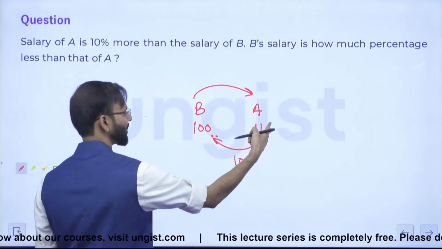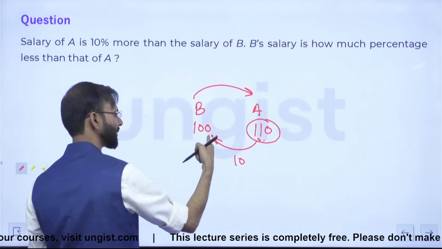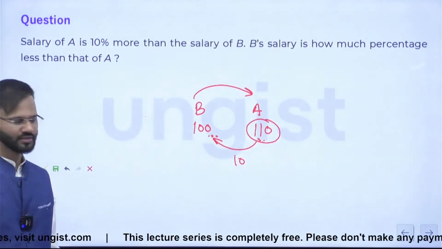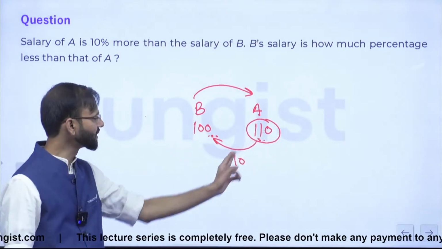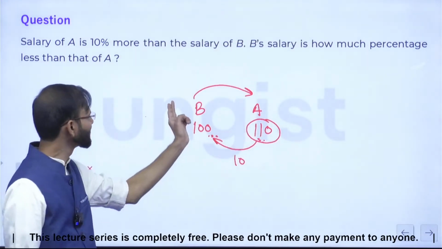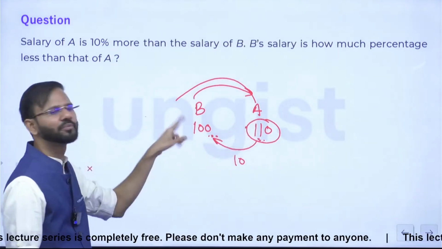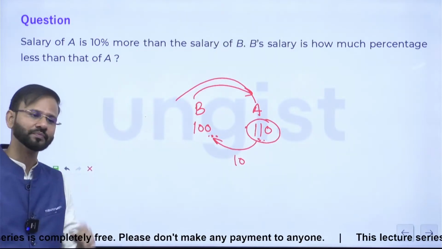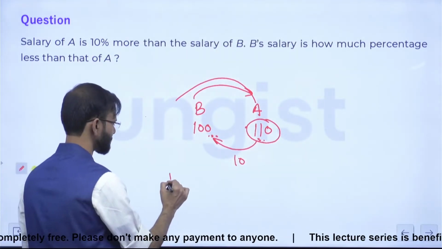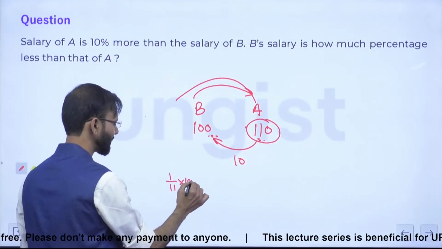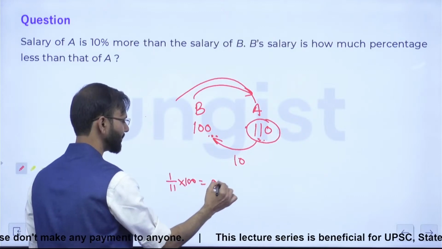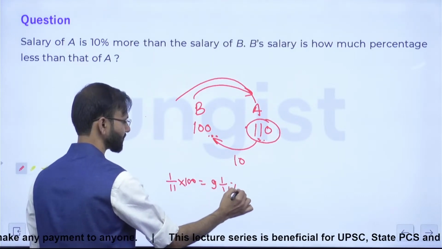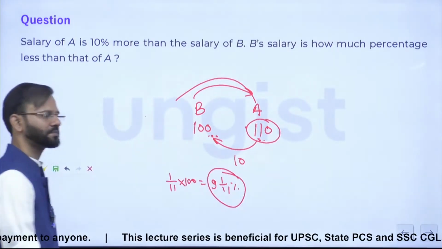I mean what should be subtracted from this value to get this value, right? So this is 10 and 10 is what percentage of this? This is 1/11. I mean if it is increasing by 1/10, so obviously 1/10 will be decreased to maintain the same value, right? So guys, this is 1/11 and 1/11 in terms of percentage is what? 9 1/11%. This is the answer.